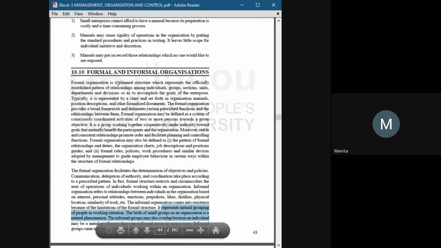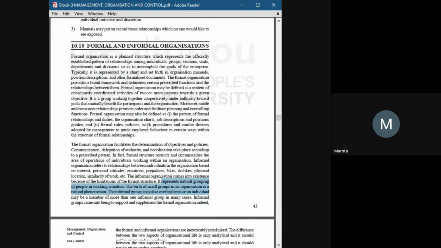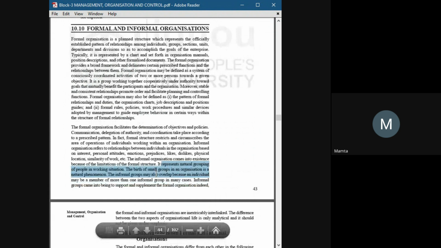In a formal setting, our authority or the top level tells us whom to report, whom to talk, and whom to answer. Okay, and in an informal setting, we know whom to talk to. We decide who is our friend in our organization and whom to avoid and what kind of relationship we want to have with other employees. So that's what informal organization tells us about.